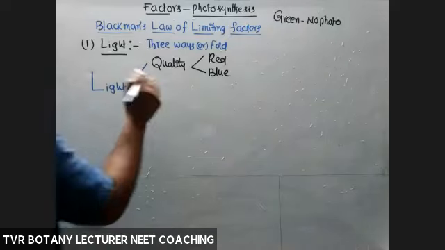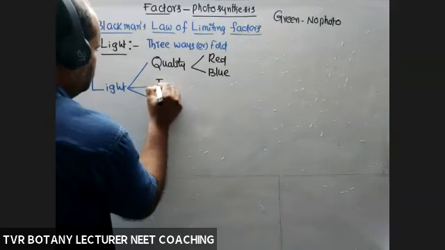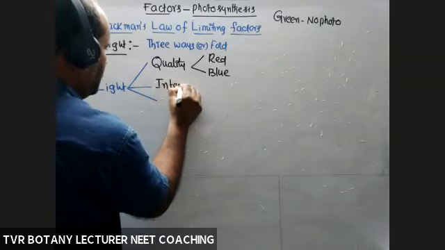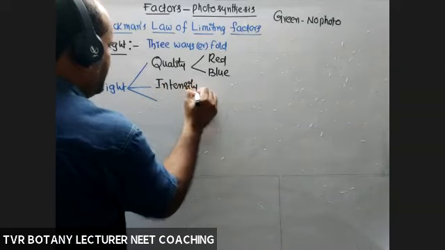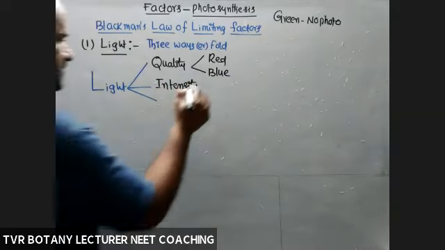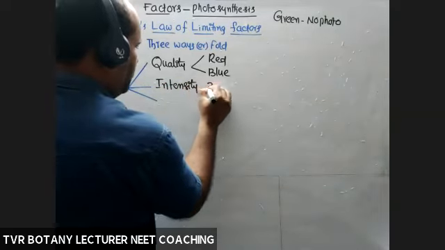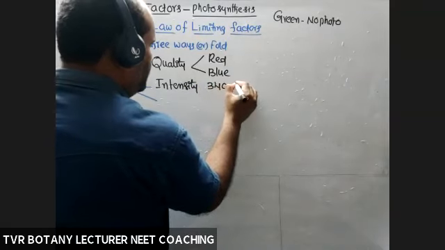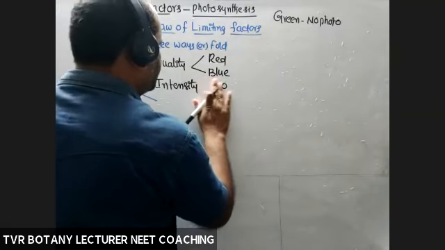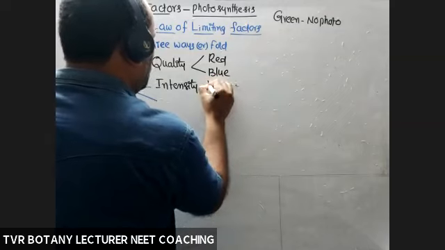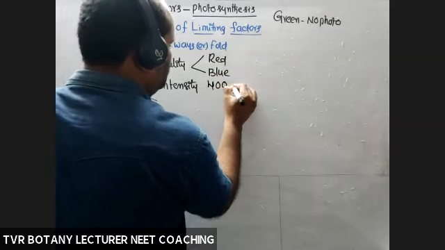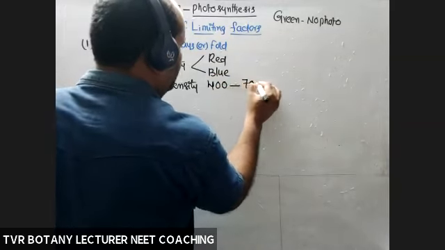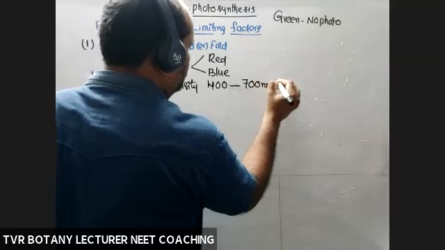That is quality. Next, intensity of light. Intensity here refers to the wavelength of light, around 340 to 700, or better, according to our textbook, 400 to 700 nanometers.